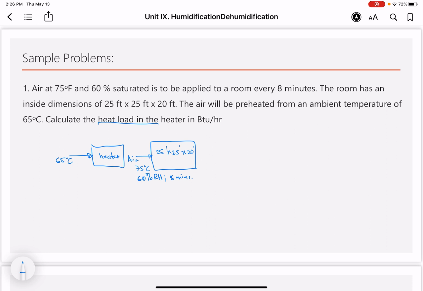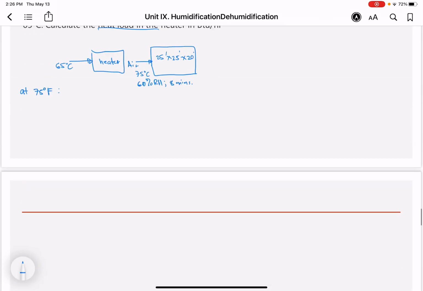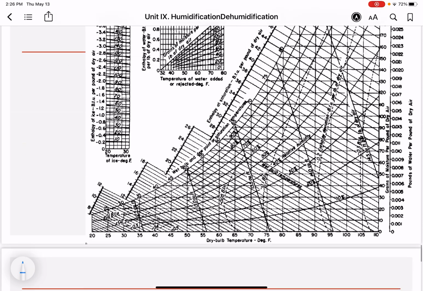Okay? So, let's get first the properties of air at 75 degrees Fahrenheit. So, at 75 degrees Fahrenheit, what is the saturation humidity? I think I need to make use of this chart.